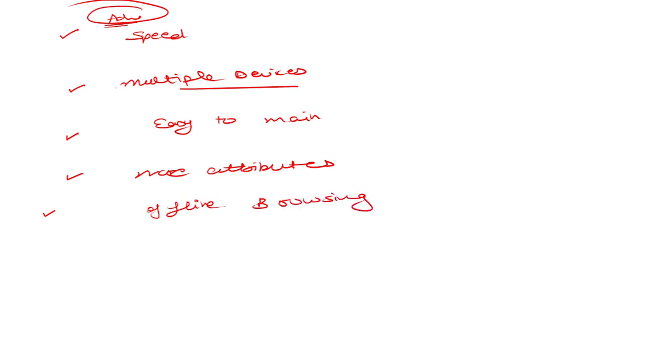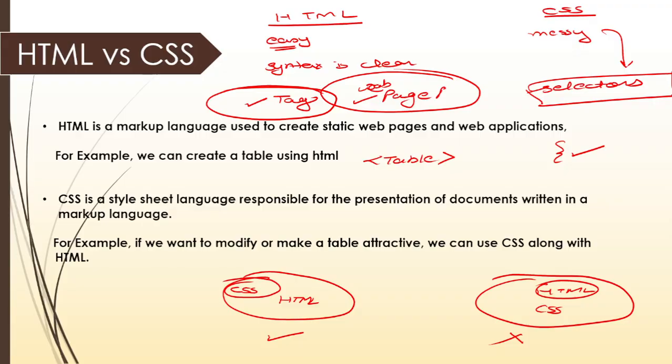In the case of HTML, we can also use offline browsing. Now, some disadvantages of using CSS: sometimes CSS can be messy and can create so much complication in your code.